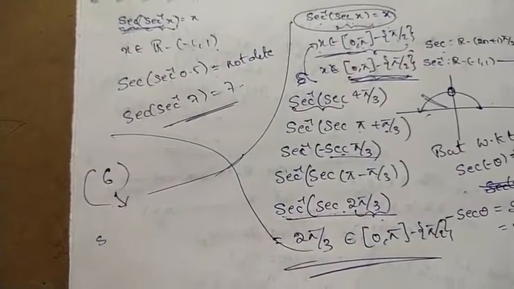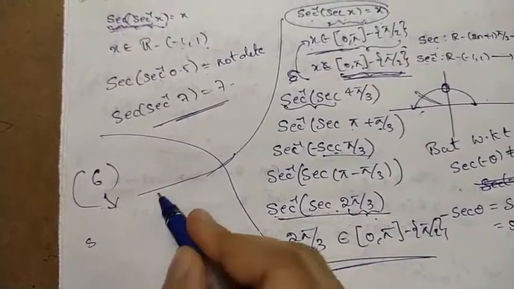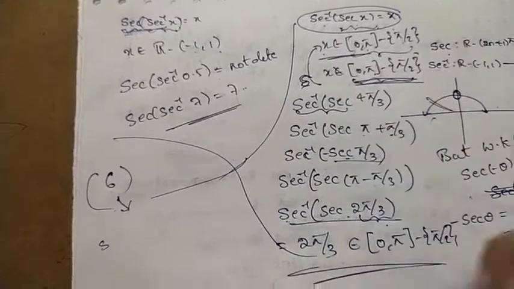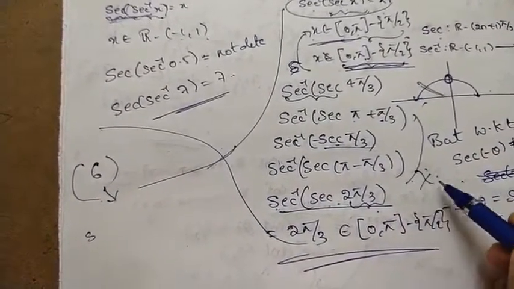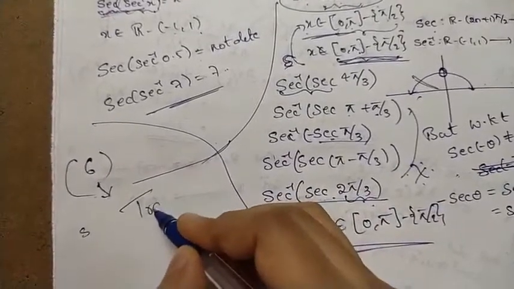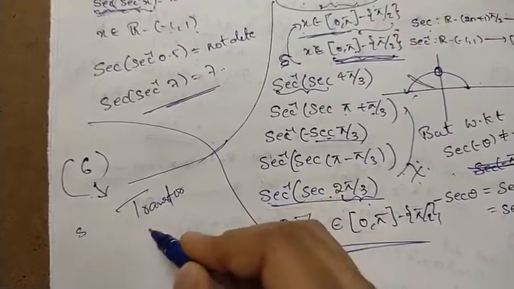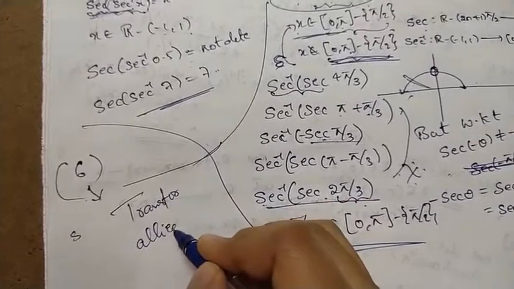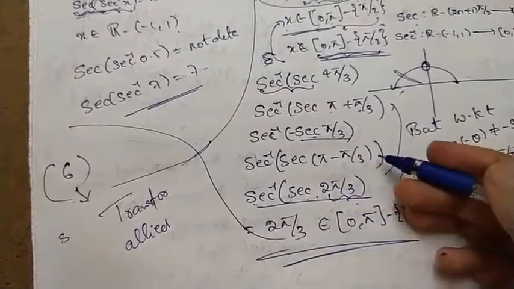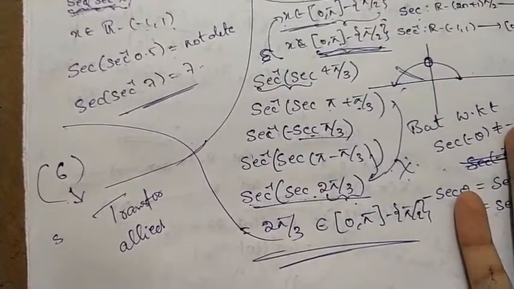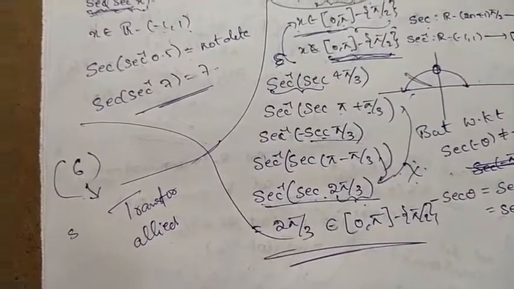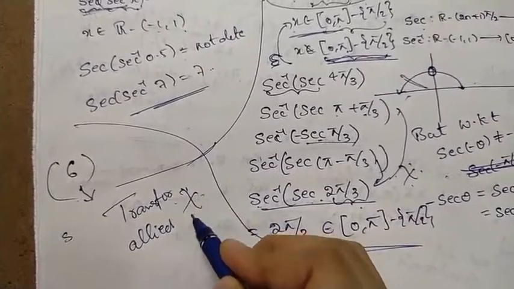So all these properties are very important in solving questions like this, and how we transform the angles is very important. If you don't know the transformation of an angle or allied angles, and by looking at the question itself, whether we need to take pi minus theta or pi plus theta, all these things are very important to understand here.